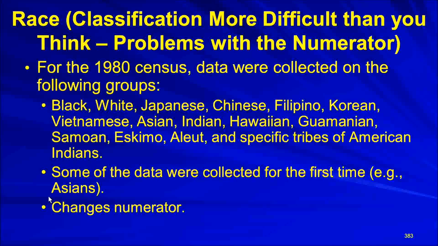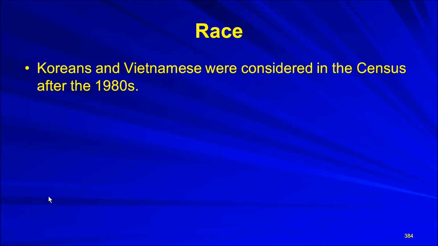And we'll talk about a difficult case when we talk about races. Now, we mentioned that Koreans and Vietnamese were considered in the census after the 1980s, and what brought that about is we had boat people that came over from Vietnam and from Cuba and other places, and the Cubans were already taken into account, but we were beginning to realize that our racial categories were insufficient.